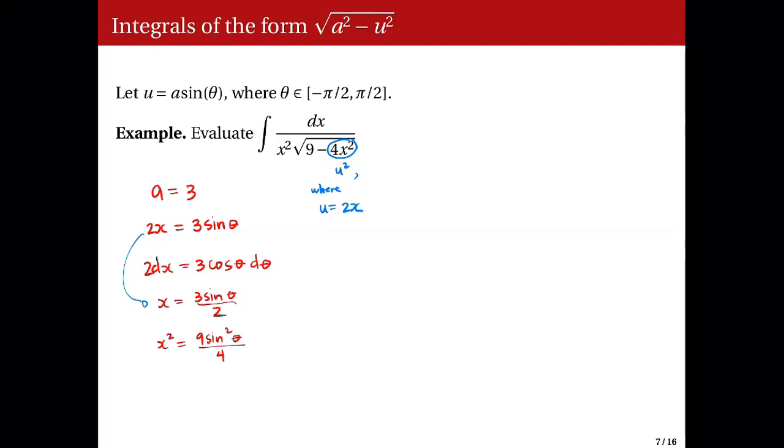Furthermore, you have the square root of 9 minus 4x squared, which is equal to the square root of 9 minus 9 sine squared theta. How come? You have 4x squared here; if you put it beside x squared, you have 4x squared, and that's your 9 sine squared theta. If you continue simplifying this, you'll just get 3 cosine theta.